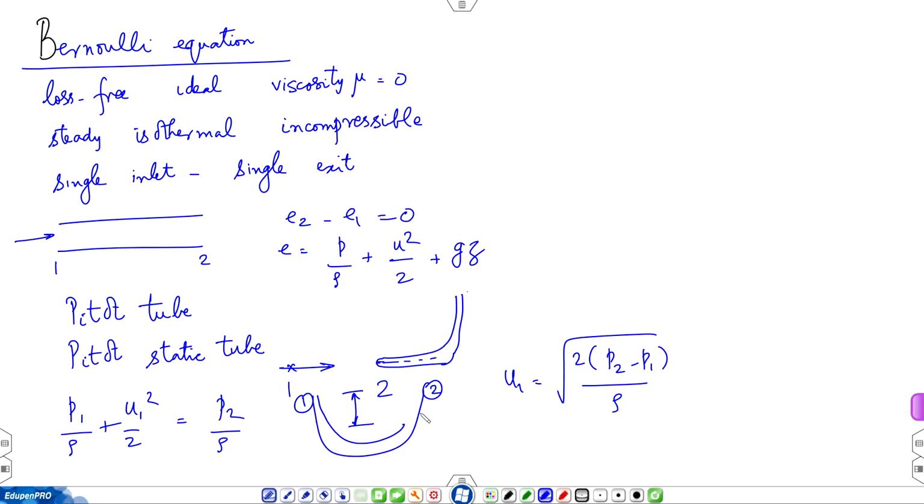Now, to measure velocity, we use the pitot tube. A pitot static tube is a composite device that helps you measure P1, P2 jointly. So, if you want to measure P1, you remember our discussions on measurement of pressure.